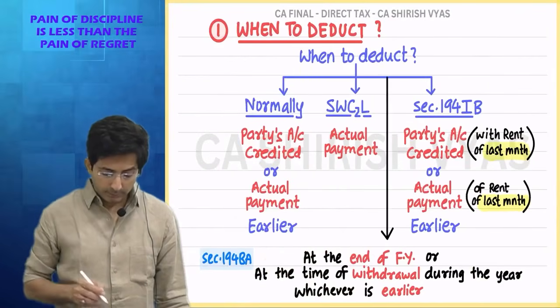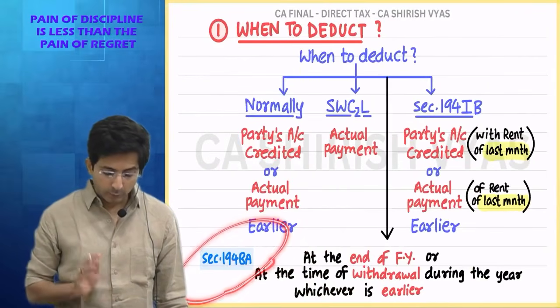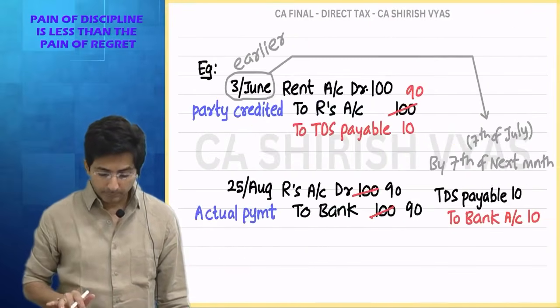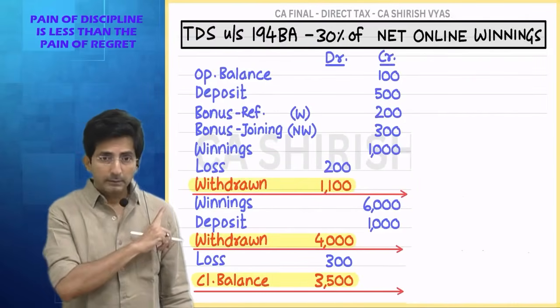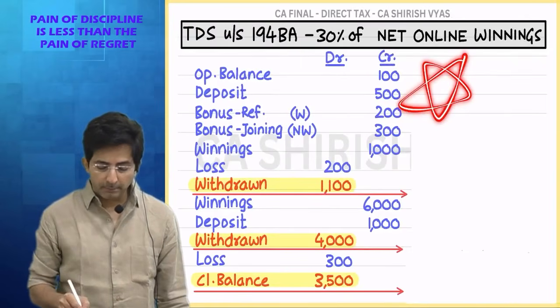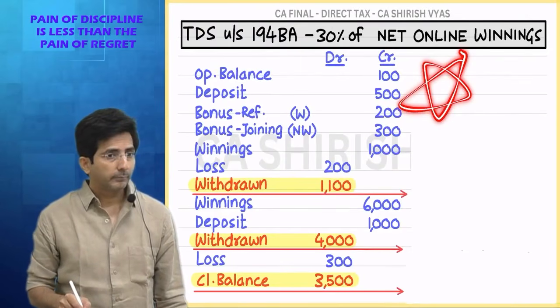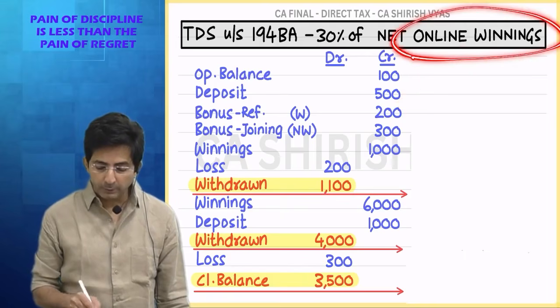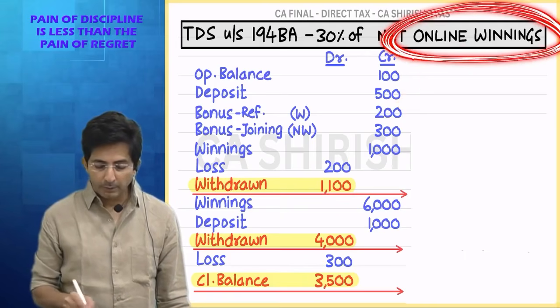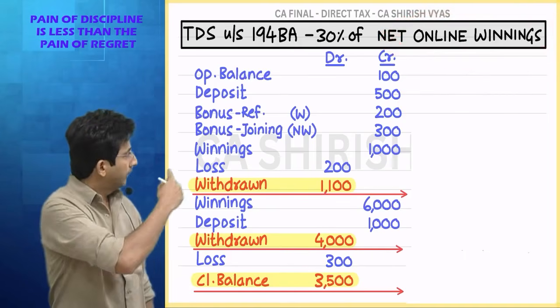Now see, this online game has one good example worth explaining. Try this. This type of question has already come in one past paper. It is interesting to know how TDS operates in online winnings. So I have given one example.